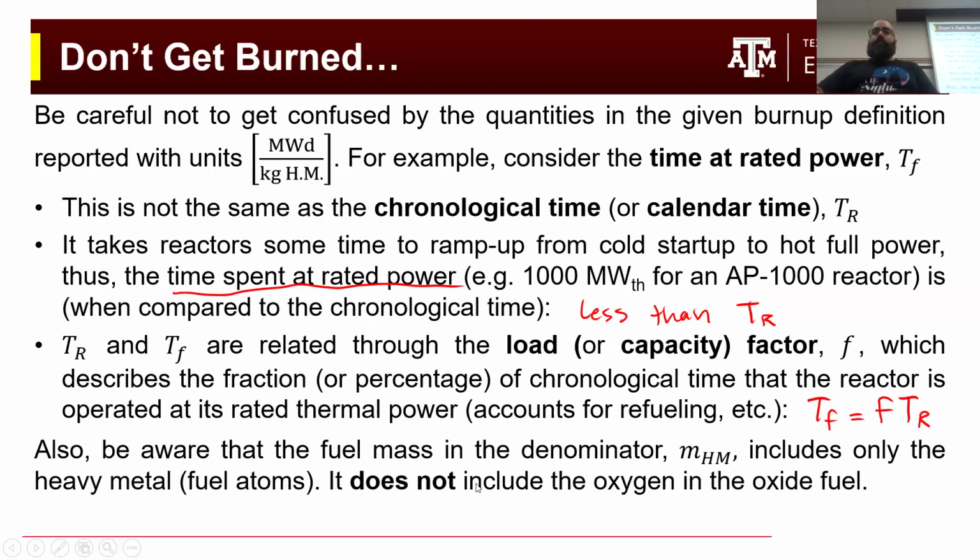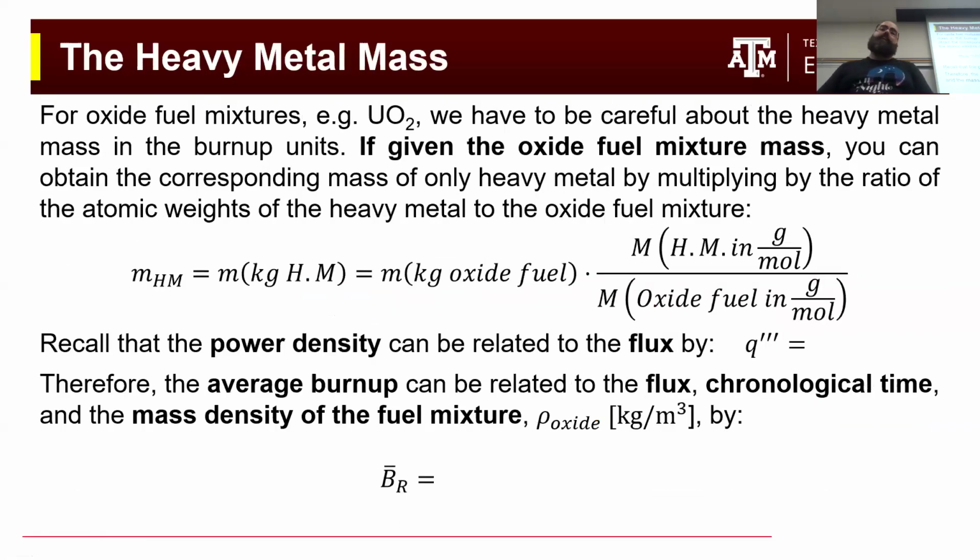And just making sure that we're aware that when we say mass of heavy metal, it's only the fuel atoms in our reactor. It doesn't include the oxygen if you have an oxide fuel. If you want to compute the mass of heavy metal, you can use the density of your fuel. If you know how much mass of the overall fuel you have, like if it's UO2, then you would know the mass of UO2, which is how much fuel is loaded into your reactor.